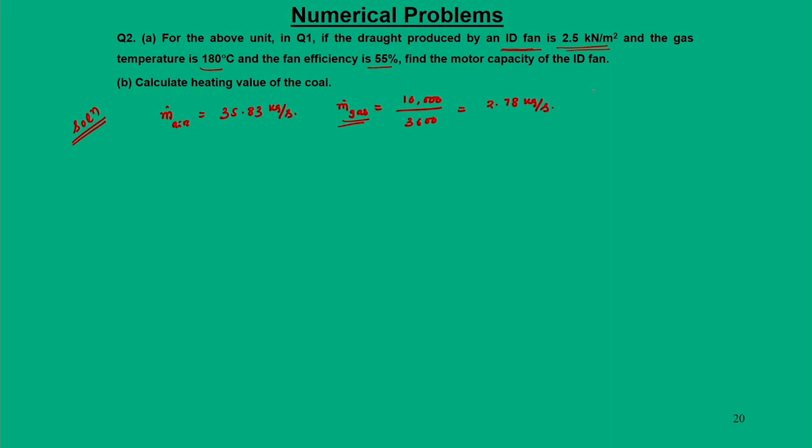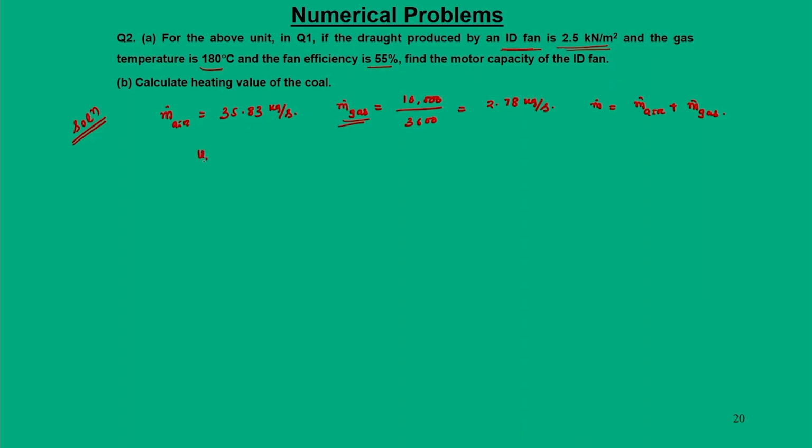So, the total mass we can calculate as the sum, m dot is m dot air plus m dot gas. Okay. Now, we also need to calculate the specific volume.